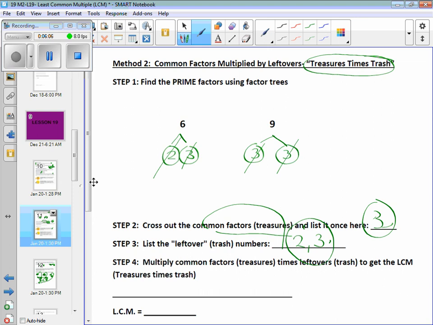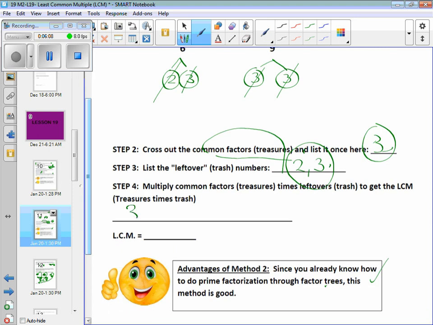So what we did, the major advantage is that most of this, like 2/3 of this, you've already done because you have experience with factor trees and GCF. The new part is now what to do with those trash numbers. Whatever's left over and not crossed out gets multiplied by your common factors. Let's try another one.